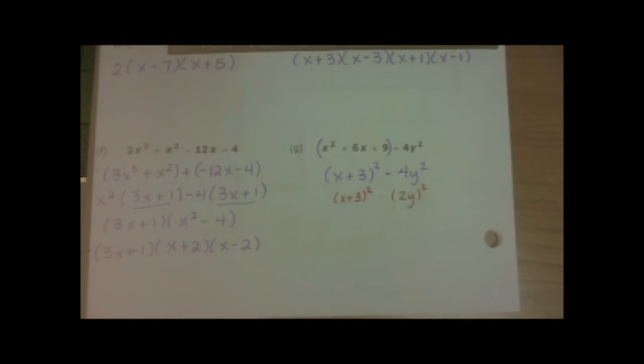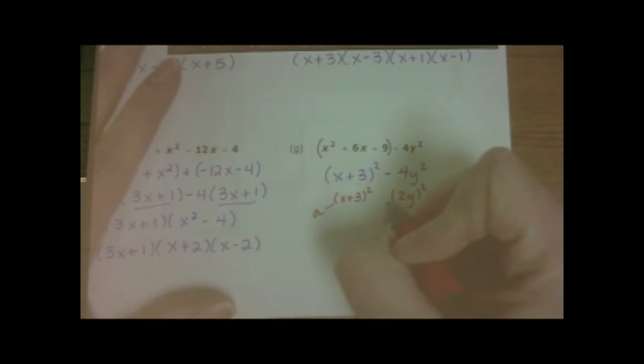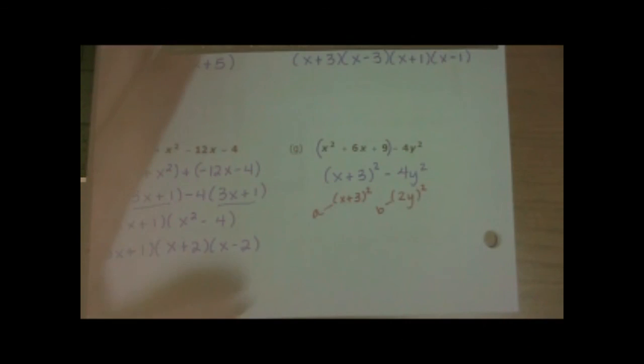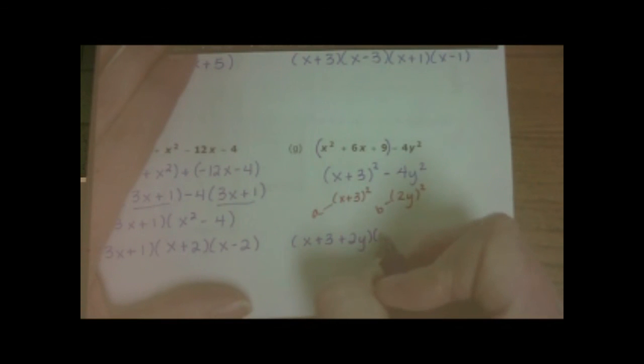So remember our formula for the difference of 2 squares. This is a plus b, a minus b. This here is your a, this here is your b. So a plus b would be x plus 3 plus 2y. A minus b would be x plus 3 minus 2y.